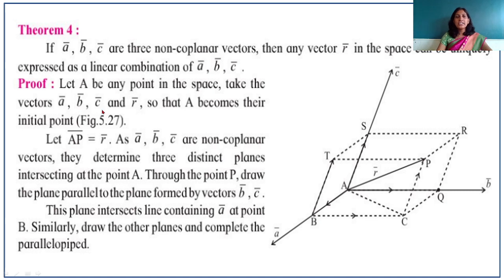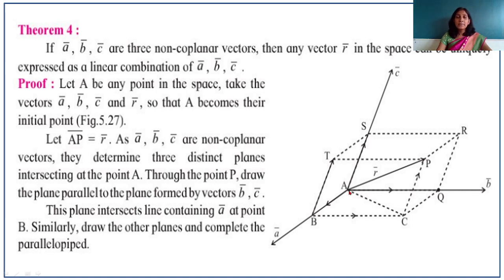Firstly, we consider a point A in space. A is any point in space. We take four vectors a bar, b bar, c bar and r bar in such a way that A becomes their initial point.